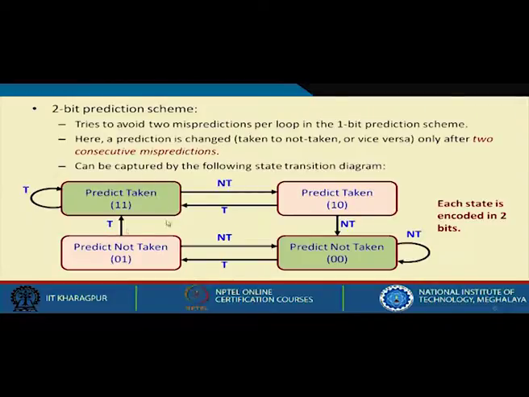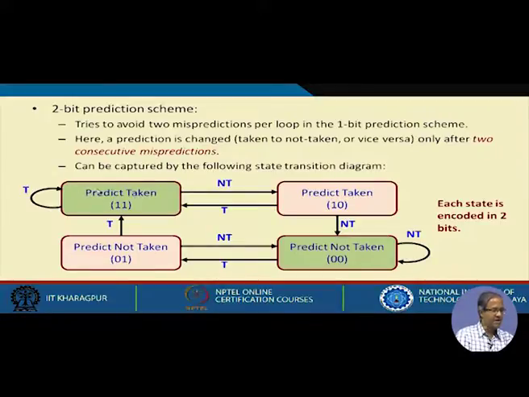Here in the 2 bit scheme, I am showing a state transition diagram. The green states, 4 states are shown, the green states are the stable states. 0 0 indicates predict not taken, 1 1 indicates predict taken.